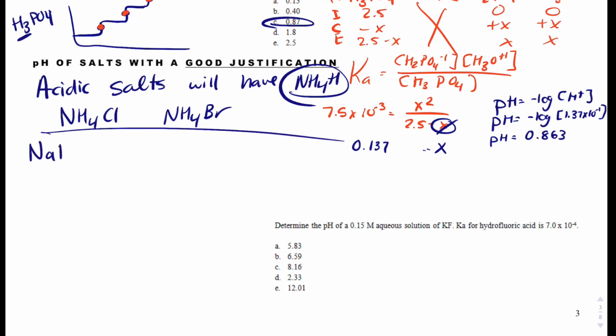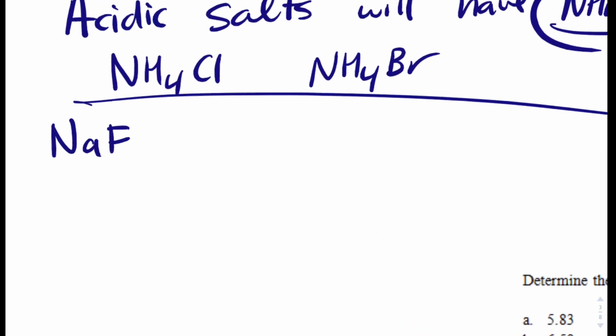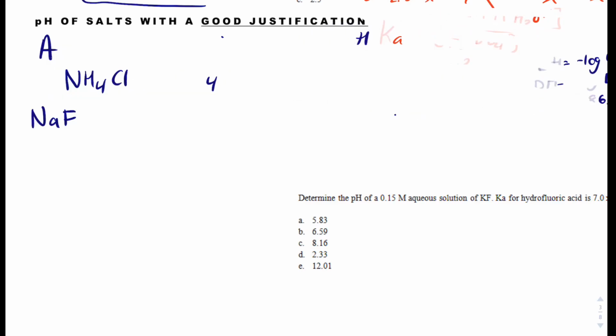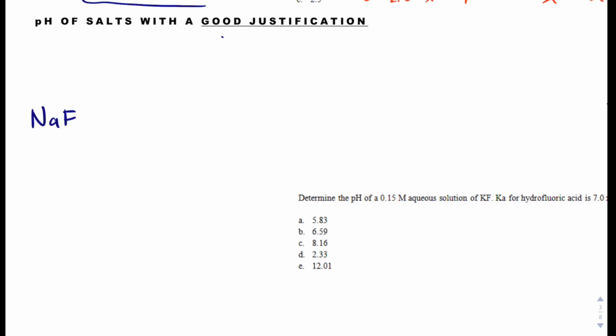So let's say we had sodium fluoride as a salt. I'm going to erase some of this to make some room for myself. Now, sodium fluoride, let's look at sodium chloride. Let's look at sodium acetate. Let's just look at these three and we'll talk about them.